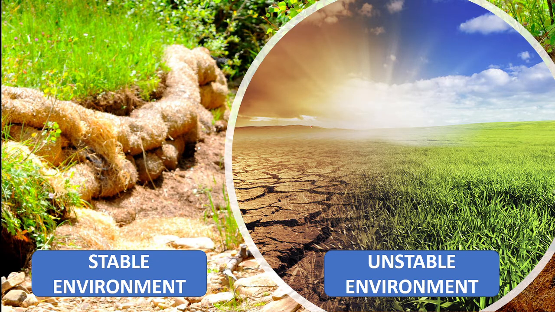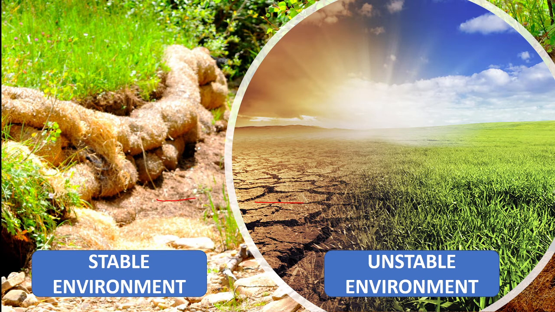Now here you can see in this figure, two beautiful pictures. More or less many things are common in these pictures, yet you can differentiate the two. If you notice the land shown here and the land shown here, here you can see it is a drought condition.